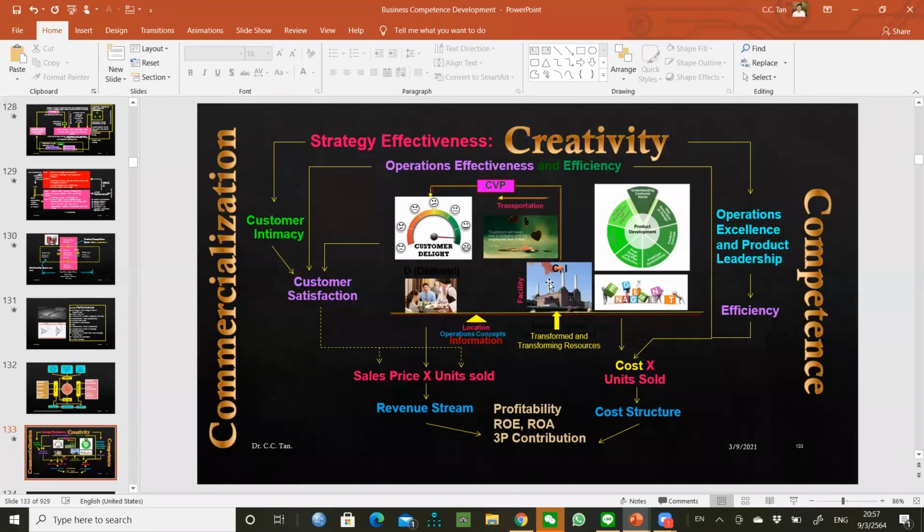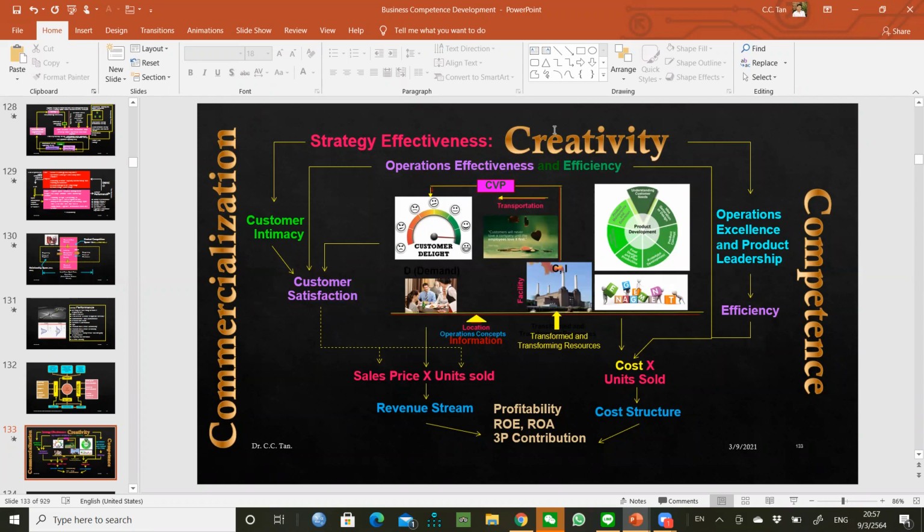So automation is just designed in this kind of concept, and from there you do your transportation and deliver your customers' value propositions to delight and satisfy the customers, ensuring that your operations effectiveness and efficiencies cover both satisfaction and the production's requirements.